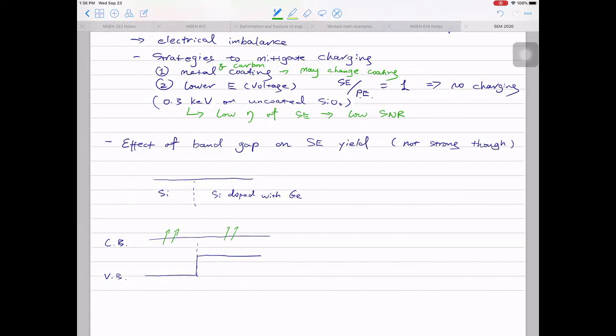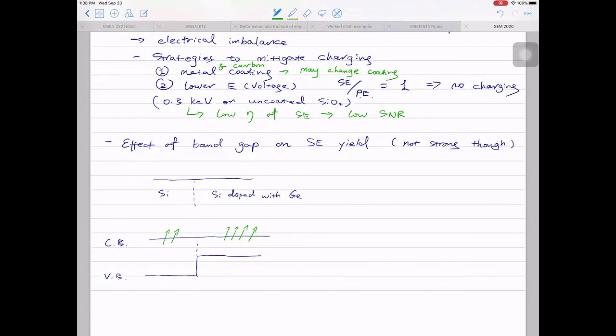By the way, the effect of band gap on the secondary electron yield is not huge, but in some cases, you can still see the difference. The one with germanium? Yes, excellent. So the one doped with germanium will yield more secondary electrons.